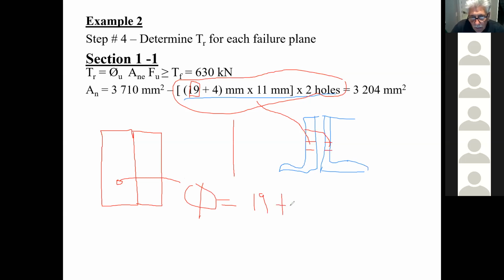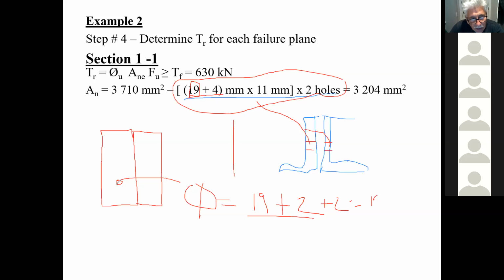Now, the minimum allowance for the hole is 2 millimeters. So if I know the guy will be drilling the holes, I just make an allowance of 2 millimeters, so the diameter here will be 21. But since I'm not sure if it's going to be drilled or punched, I have to add another 2 millimeters, and that becomes the diameter of the hole. So the total diameter of the hole comes out to be 19 plus 4, in other words, 23.